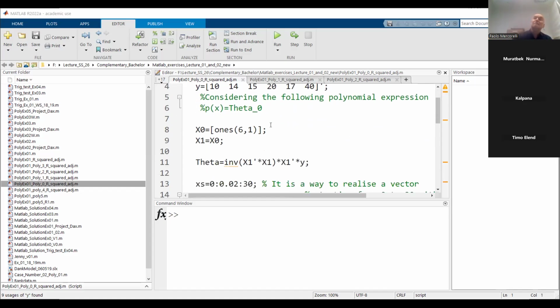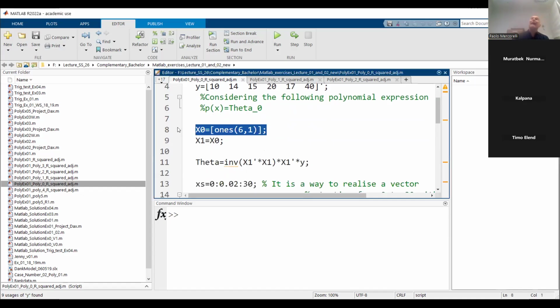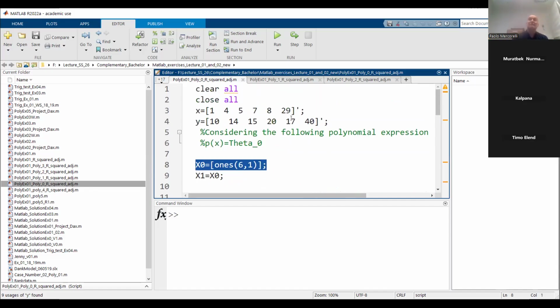Look here. Do you remember why now the exploration matrix is just a column with 6 ones? Easy, because if you have 6 points, this is an example. Once, because you remember the last row of the exploration matrix is 1, corresponding to the polynomial order 0.